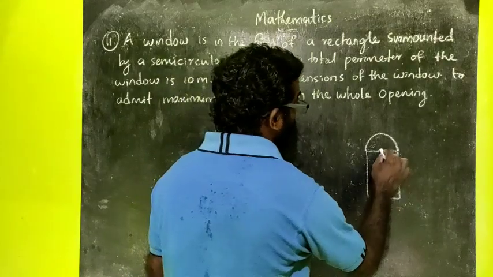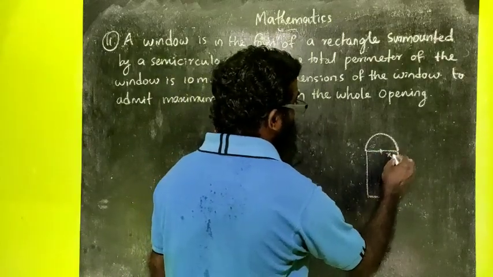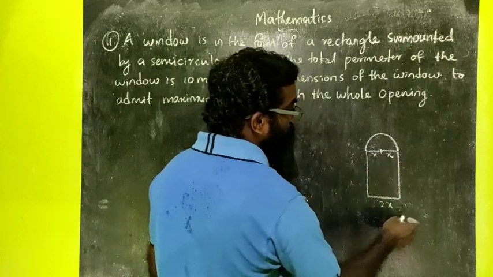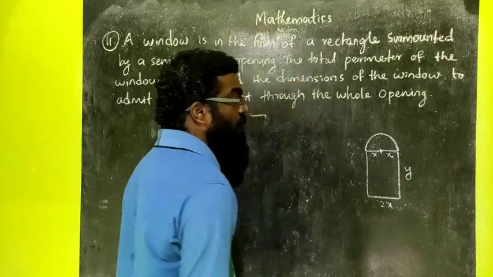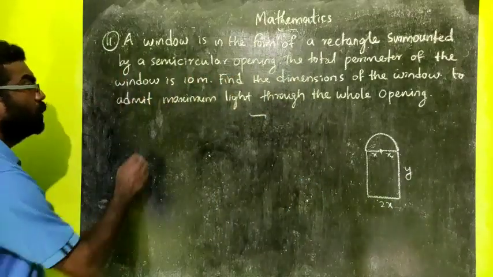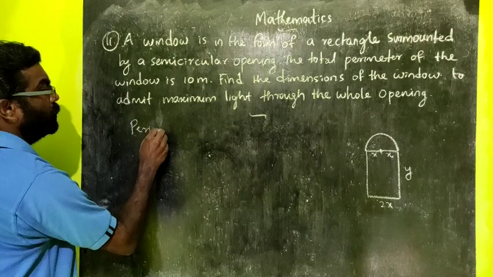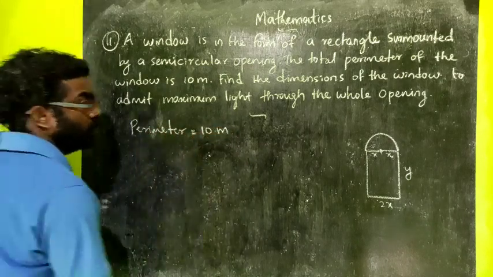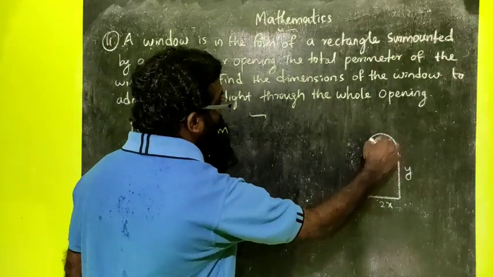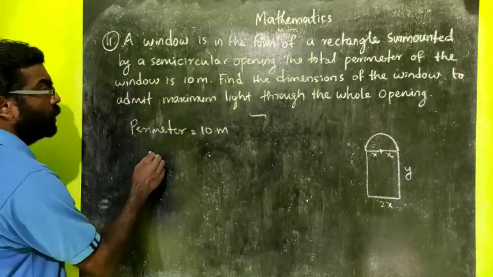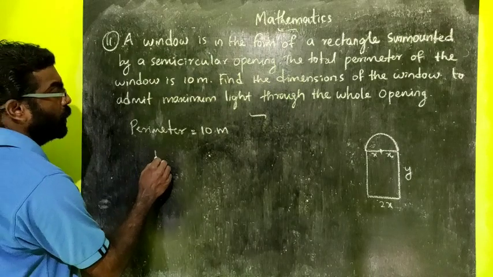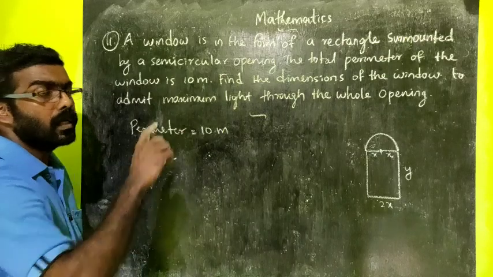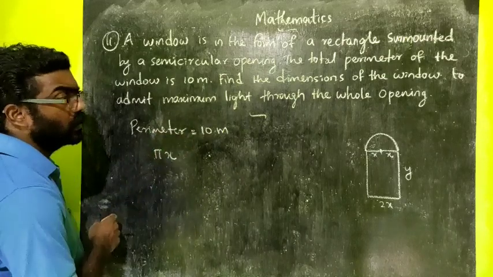Here we can take the radius of the semicircular opening as x. So this width will be 2x, x plus x. And this height we can take as y. And the perimeter of the window is given as 10 meter. The perimeter of a circle is 2 pi r, here it is a semicircular shape, so pi x.